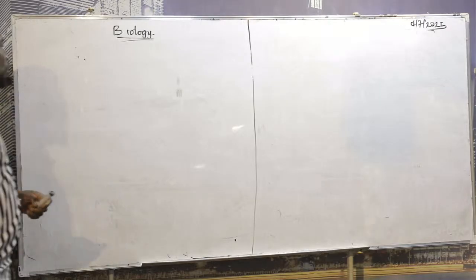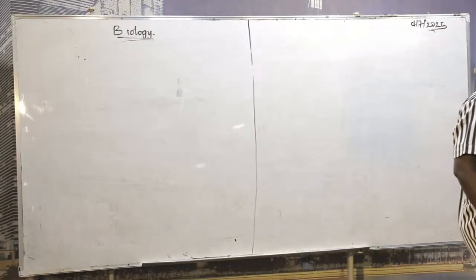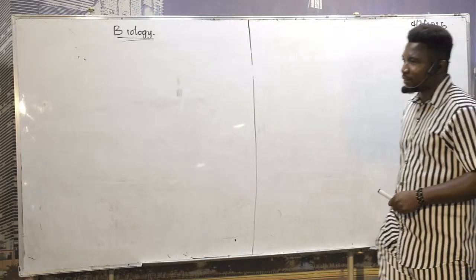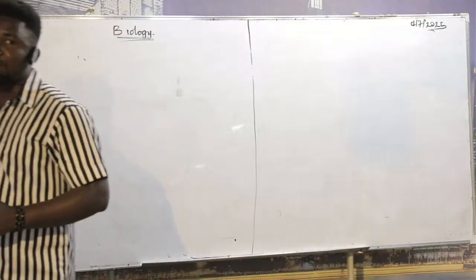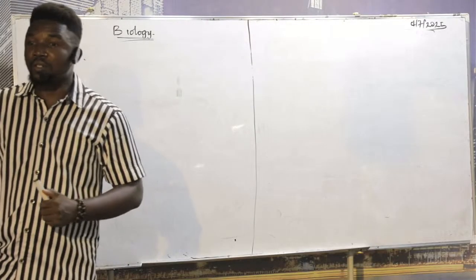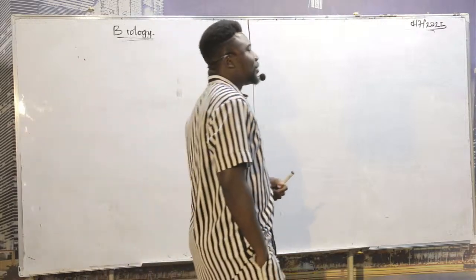Okay, so I think we stopped at neurons, or nerve cells. In our last class, we mentioned that nerve cells are the basic unit of the nervous system.